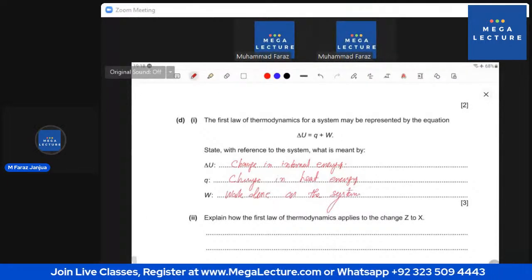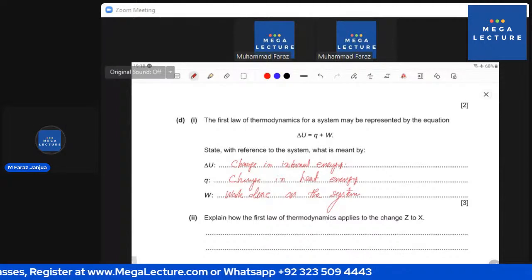If it is positive, this is work done on the system, and if it is negative, then it is work done by the system.